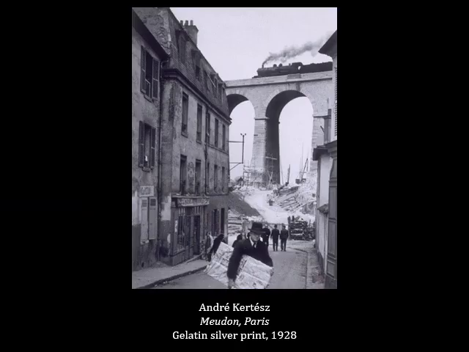One of his others, Meudon, Paris, just one of the neighborhoods in Paris, where there's a lot of action going on, where we have the one man carrying a painting that's wrapped in paper. People walking in the background, and then the train going along up on the elevated train tracks there.